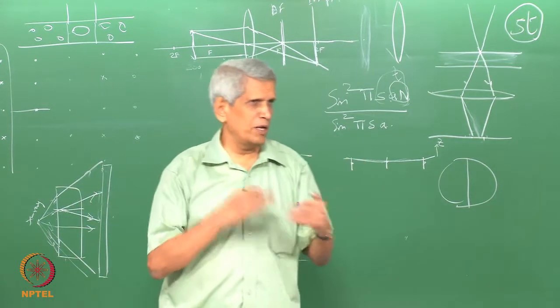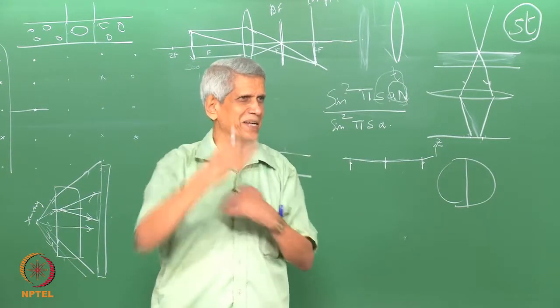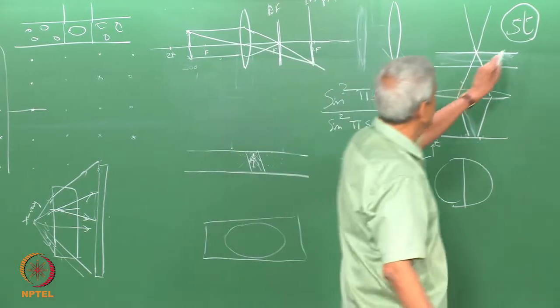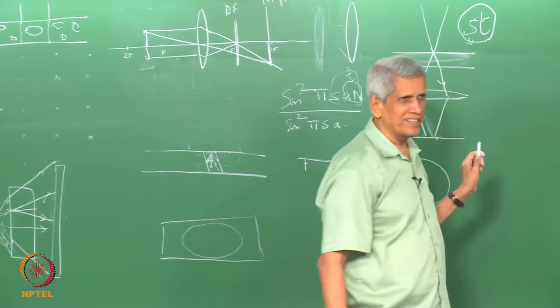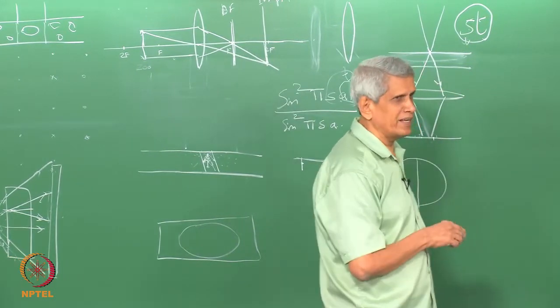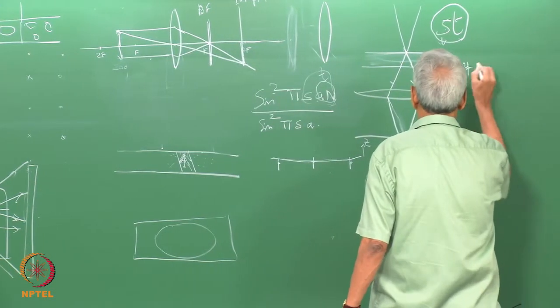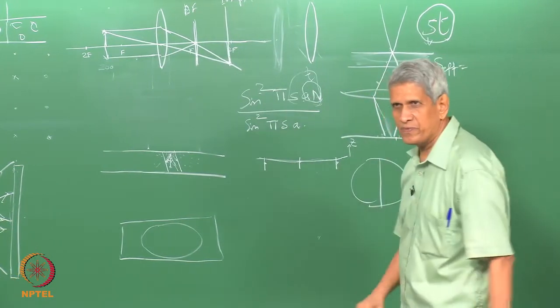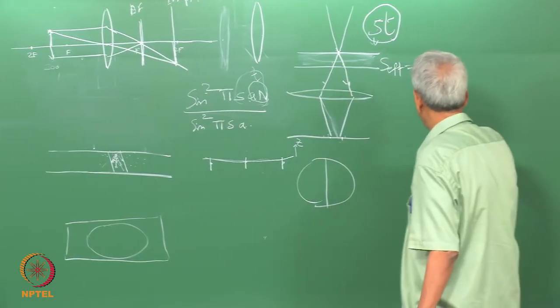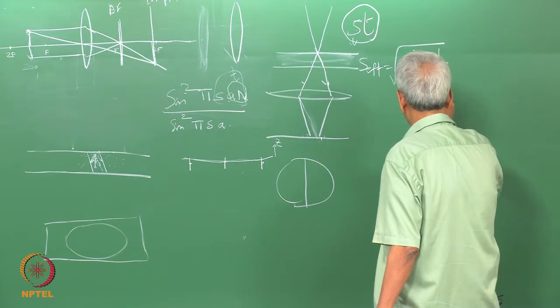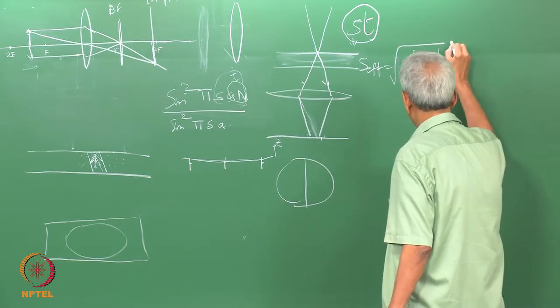I will jump a little bit, which I will talk about later, is that this s is in the kinematical condition which we consider. In the dynamical theory, this s is written as a factor called s effective. s effective is nothing but root of s squared plus 1 by psi g squared.